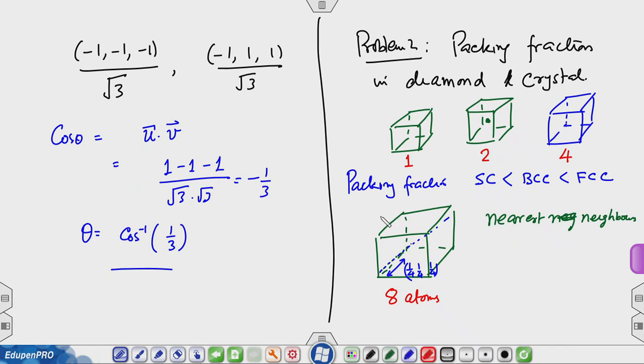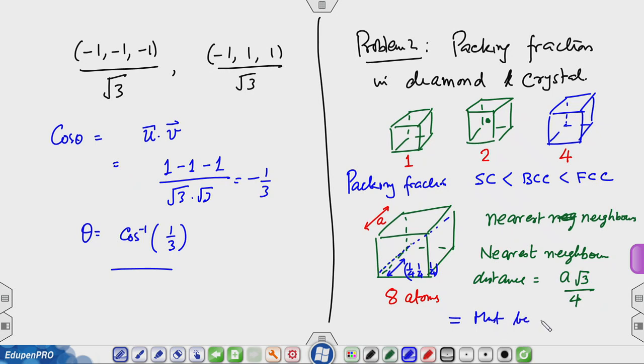So, if the side of this cube is A, then the nearest neighbor distance is equal to A root 3 divided by 4. And this must be at least 2r, where r is the radius of the atom.